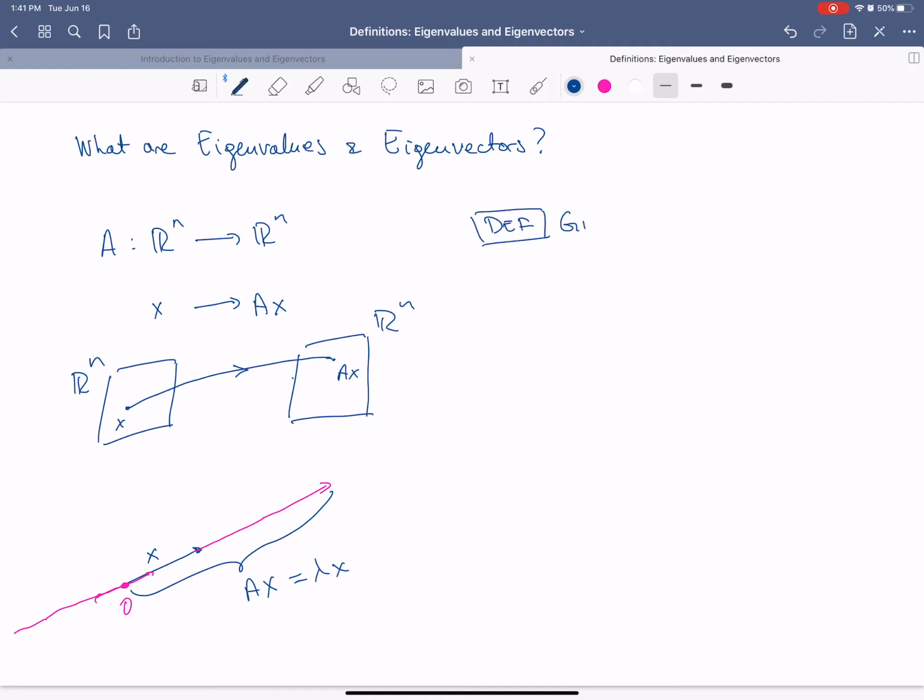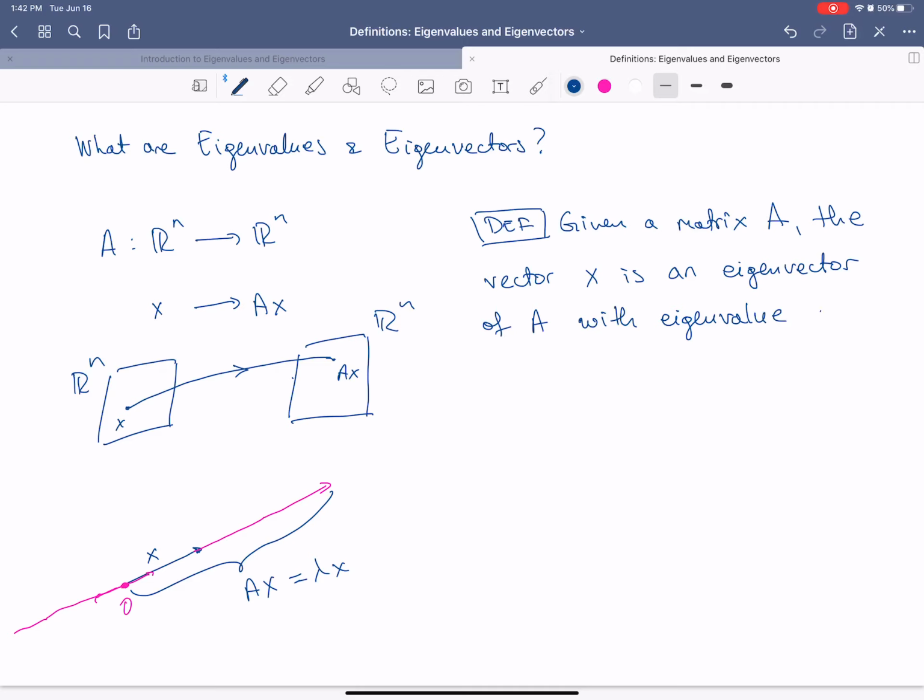Given a matrix A, the vector x is an eigenvector of A with eigenvalue lambda if A times x equals lambda x.